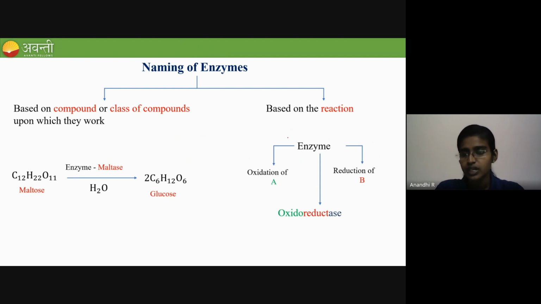Here it is doing a redox reaction, so it is called oxidoreductase. In the other case, it takes the name of the reactant upon which it is working, so it is called maltase. Most enzyme names contain the suffix -ase. So these are the very important and simple points under this. Clear?